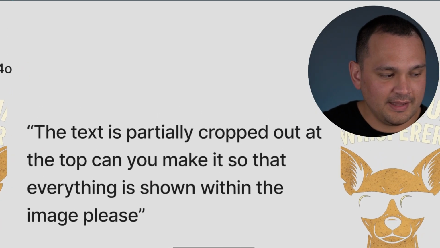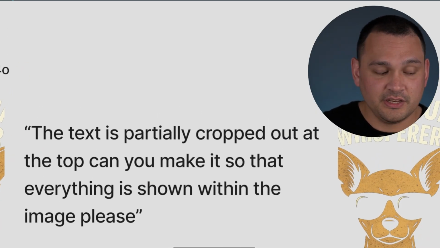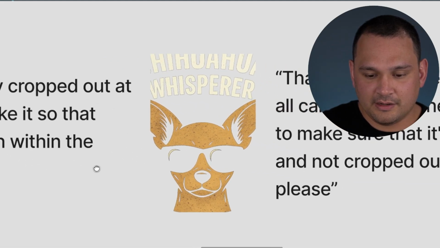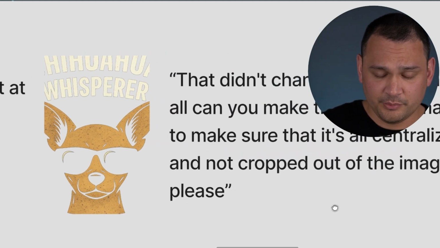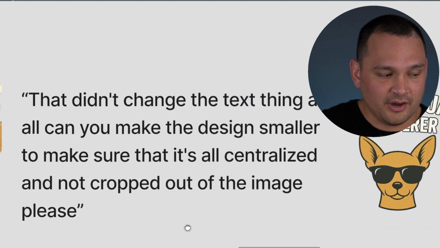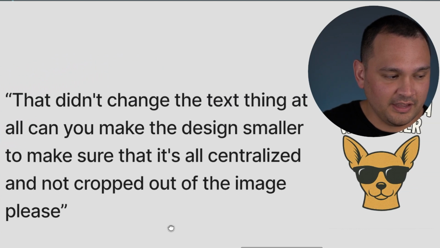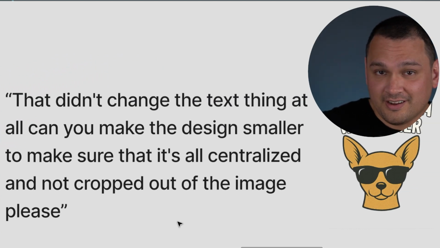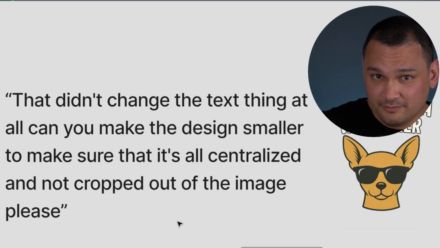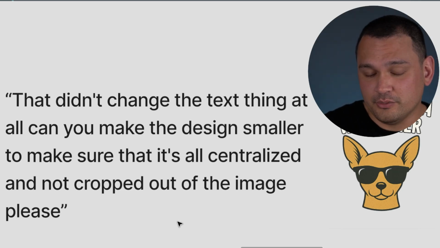So we went ahead and told ChatGPT what the problem is, and it didn't change anything. So we had to be more specific about what we wanted to do, because ultimately AI is not nearly as smart as we think. So telling it to fix something and not giving it the way to fix it makes it a little bit harder for it to do its job.